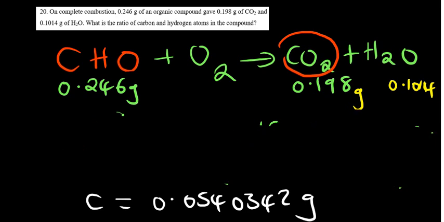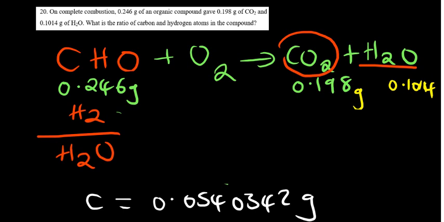So the same principle applies to hydrogen. In this case it's a bit different because we have 2 hydrogen atoms. So I'll say H2 over the H2O. We have 2 hydrogen atoms in a water molecule. So this will also be multiplied by the mass of the water that was produced. So we have 2 multiplied by 1.008 as the molar mass of hydrogen.